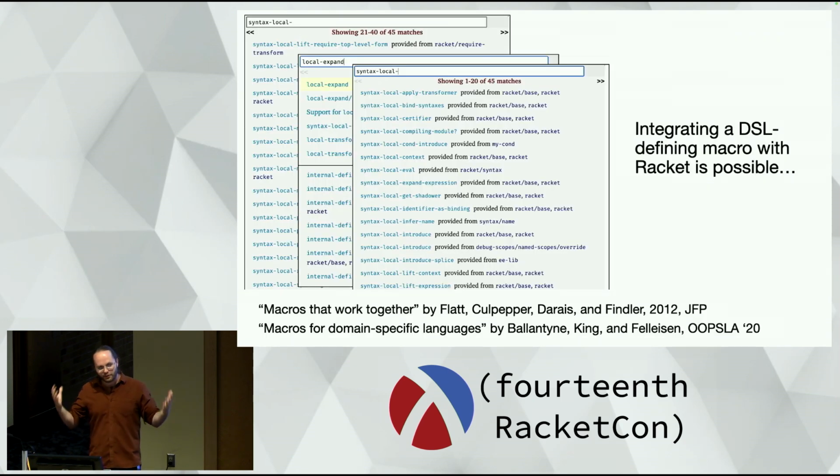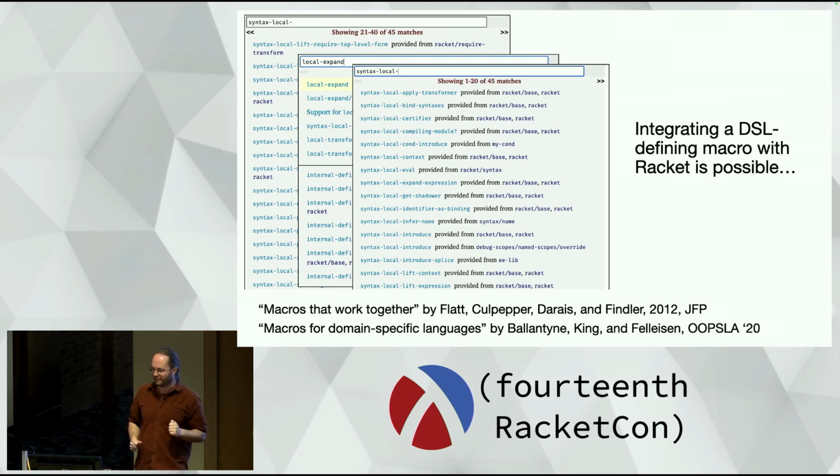So we can solve all these problems in Racket because Matthew and others have gone to a great deal of effort to create the syntax local API. And so if you learn about these 45 functions, you can become a Racket macro expert, and you can tell the Racket macro system about the structure of your DSL syntax that you've taken responsibility for in your one big macro. And you can make it expand macros inside that.